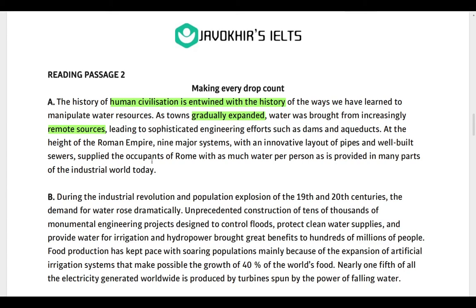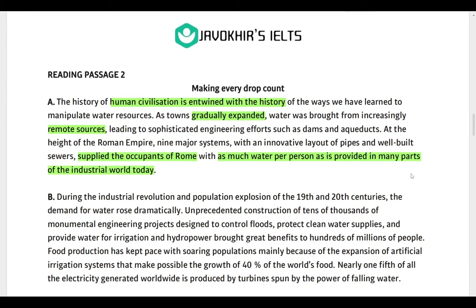Aqueducts, maybe. At the height of the Roman Empire, 9 major systems with an innovative layout of pipes and well-built sewers supplied the occupants of Rome with as much water per person as is provided in many parts of the industrial world today.